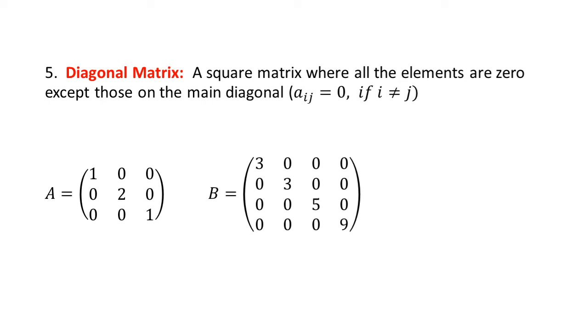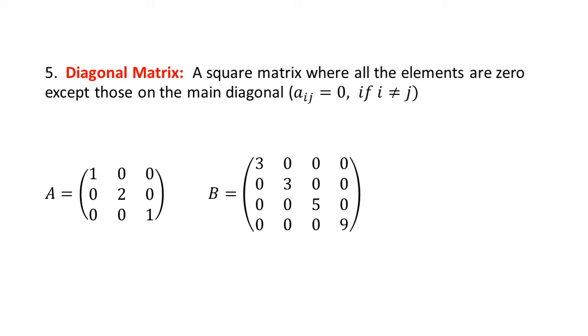The fifth one is a diagonal matrix. A square matrix where all the elements are 0 except those on the main diagonal. Aij equal to 0 if i not equal to j.